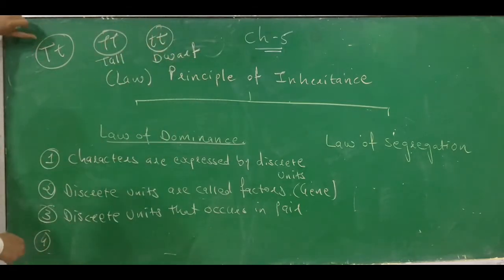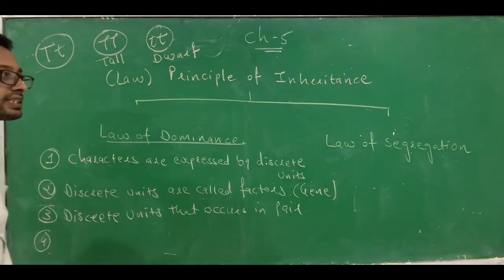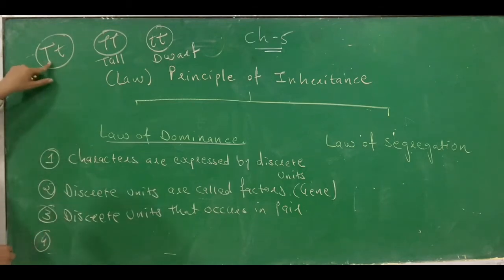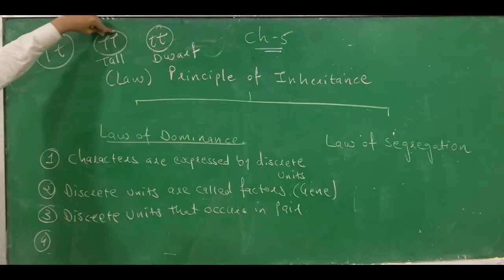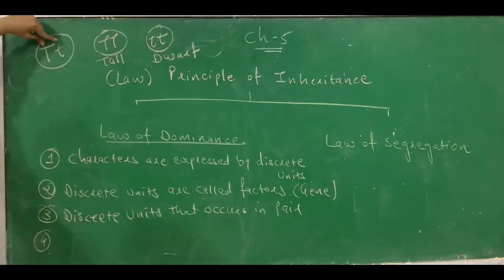But see here, capital T, small t: one letter is representing tallness, another letter is representing dwarfness. So what happens in this case? What are the characteristics of such a plant? This is similar, homozygous, this is also similar, homozygous, no problem. But what happens in the case of dissimilar, or heterozygous?